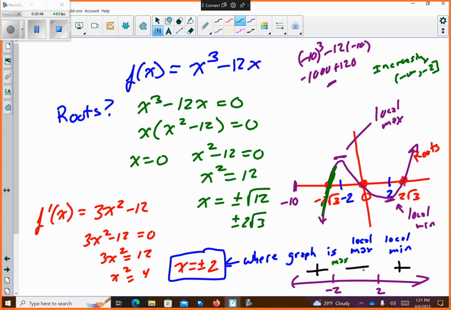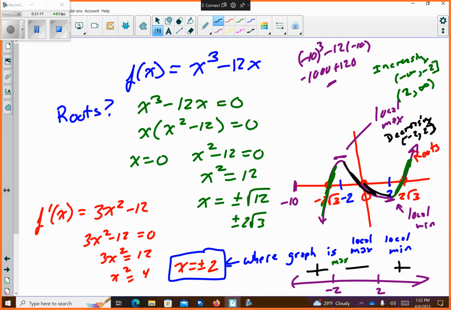So positive to negative, negative to positive. And then it's increasing also from 2 to infinity. So these are the 2 spots where our graph would be increasing. In between the 2 is where it's decreasing. So it's decreasing from -2 to 2.